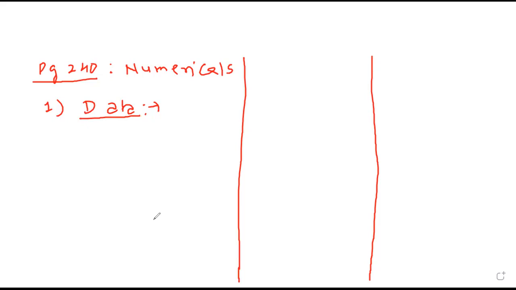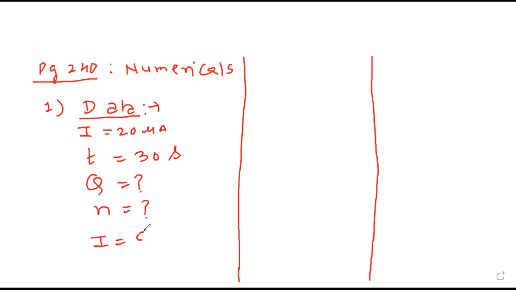Okay, I'm reading. See, current of 20 microampere is I, flows in a wire for 30 seconds, which means time. Find the amount of charge Q and the number of free electrons transferred N. So we know current is rate of flow of charge.